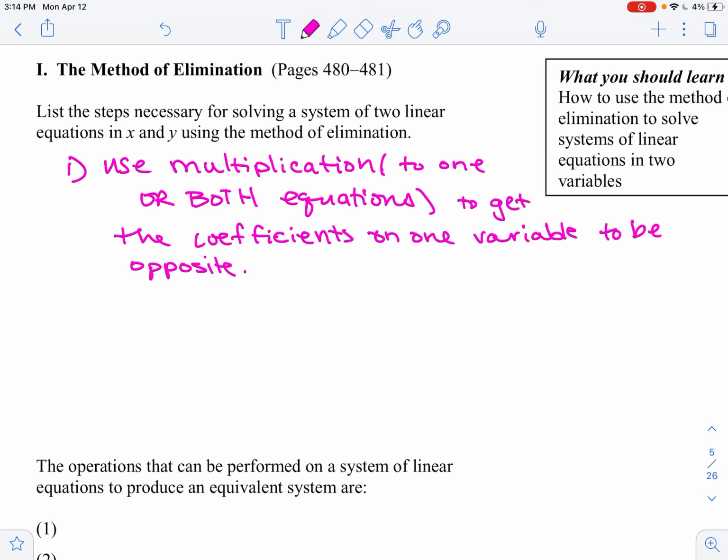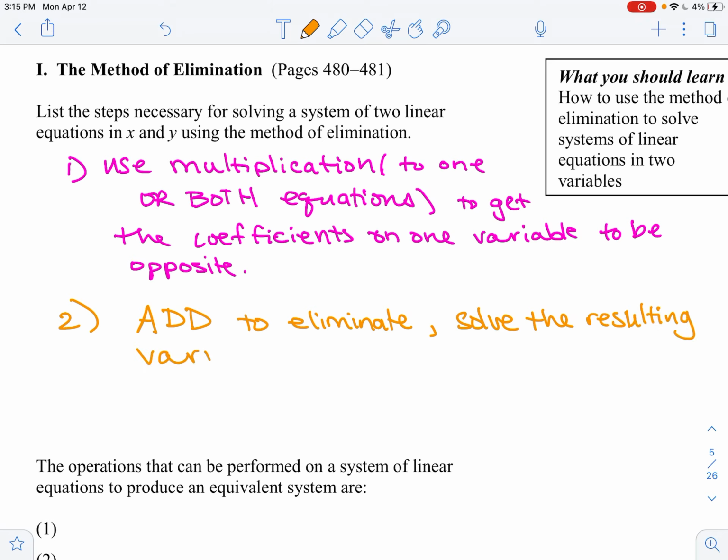And opposite means if one coefficient is a +4, the other one's a -4, and vice versa. Step 2 is you're going to add them to eliminate, and then solve the resulting variable.